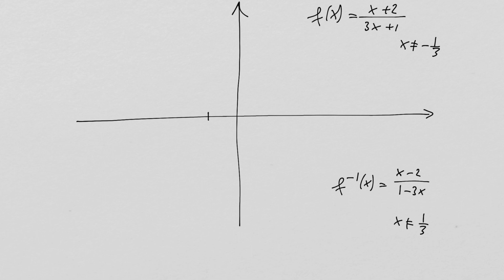Here we have 1 minus this one, and here we have the other one. Let's see. Yeah, so if we would draw the graph of this function by using the computer, we would get something like this.